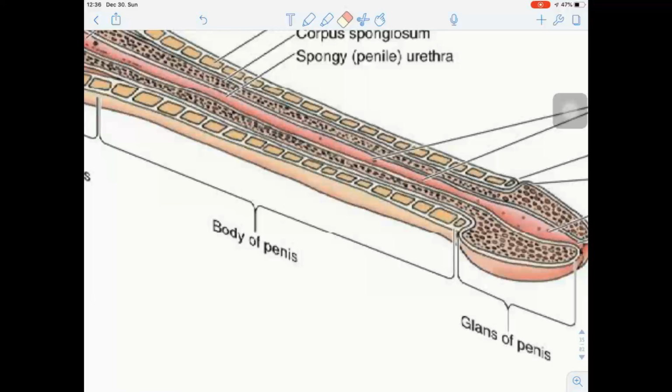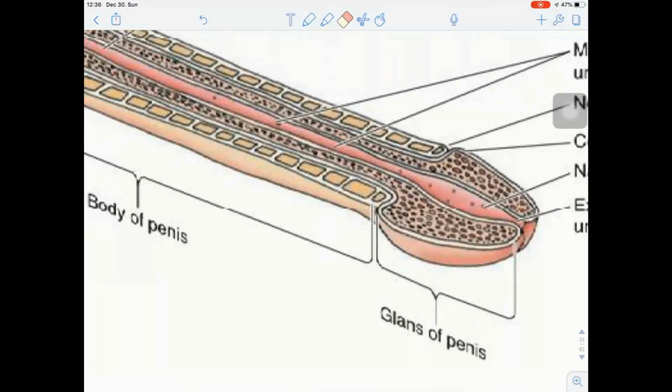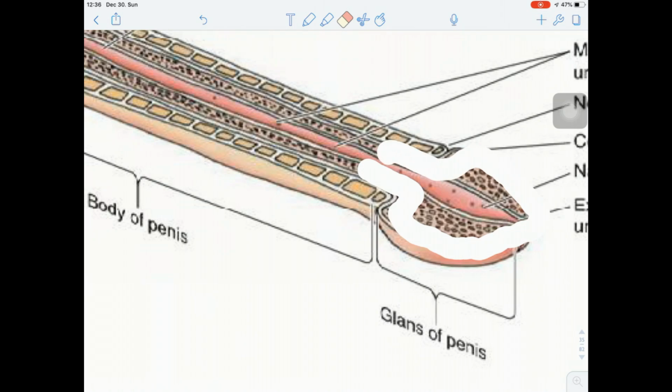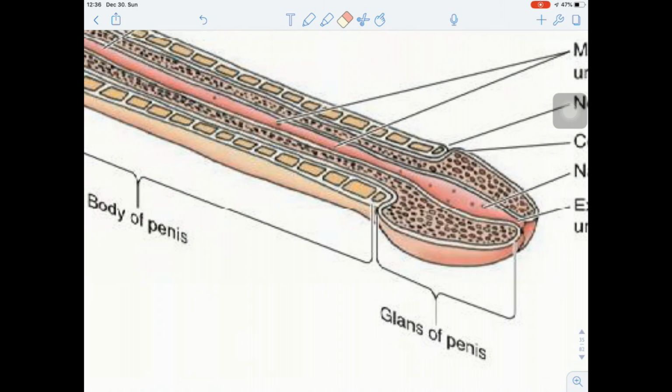Where the corpora cavernosa are over, the corpus spongiosum becomes expanded to form the glans of the penis. So the glans is formed by the corpus spongiosum.